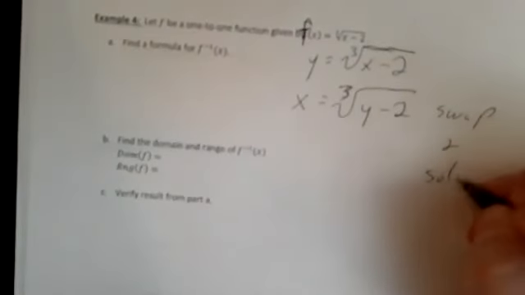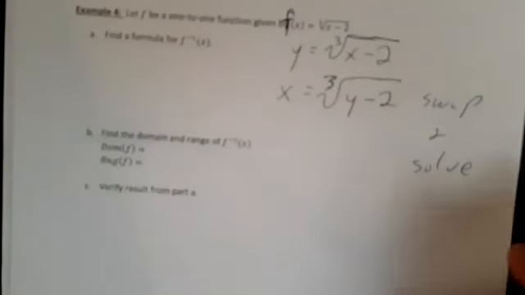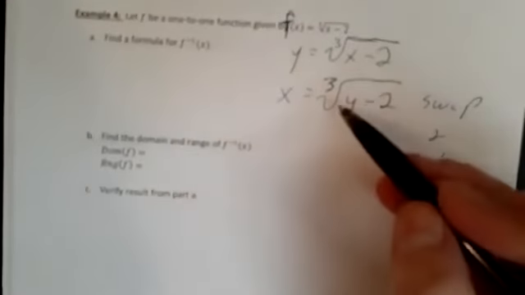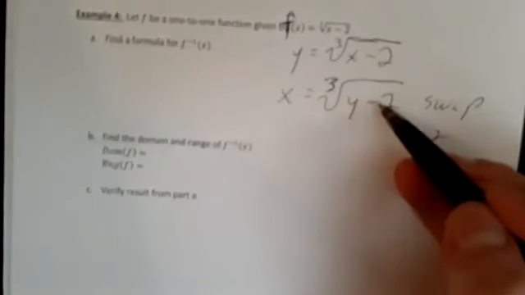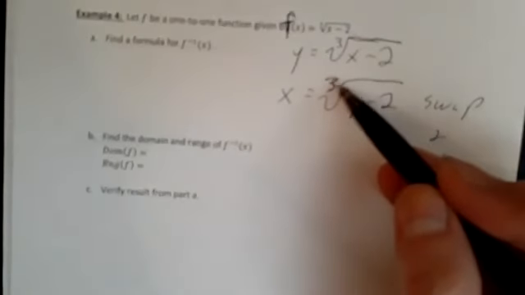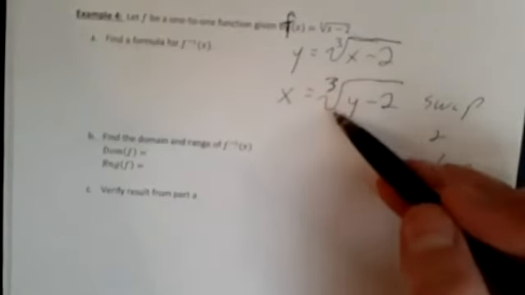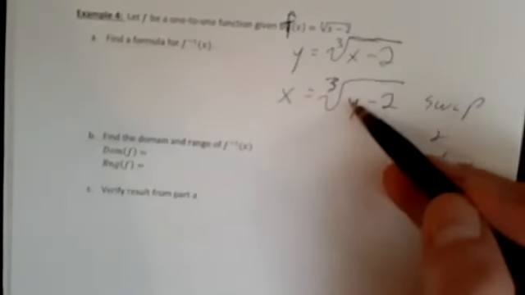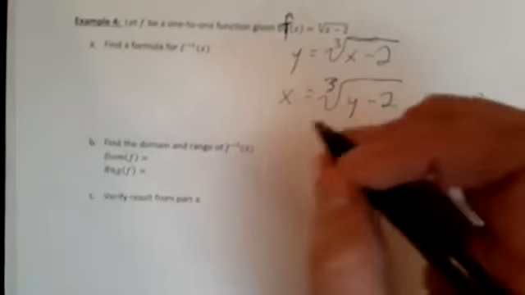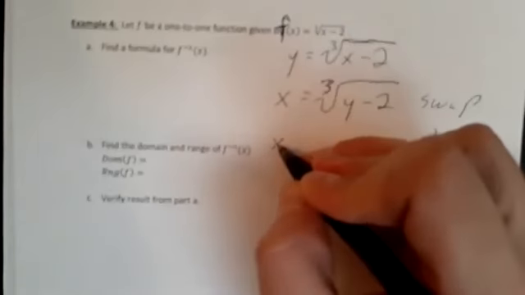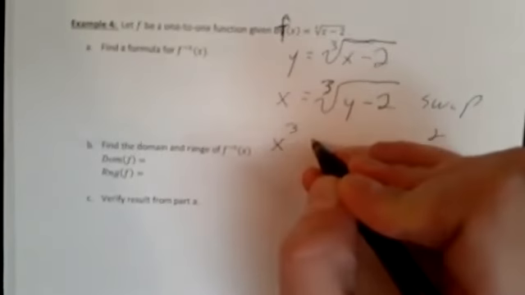And now I got to do some solving. So I want to solve this for my y quantity. The first thing I see is y minus 2, and then I have a cube root. So the outermost thing is this cube root. How do you get rid of a cube root? Well, we cube both sides. If we cube both sides, this side is going to become x cubed.